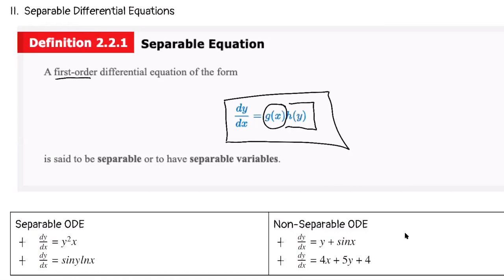Now, in this form, it is considered to be separable, or to have separable variables, because I can gather all of my y's on one side and all of my x's on the other side. So if I look at this general form, how would I get all of the x's on one side and all of the y's on the other side?